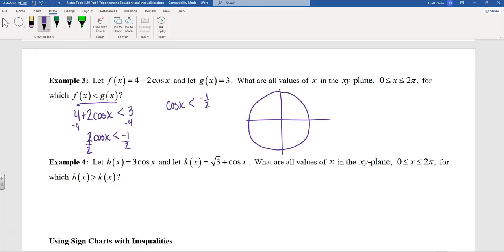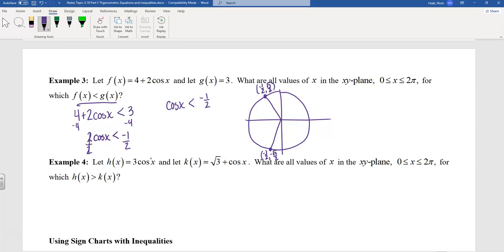And so Mr. Passwater did not give us the unit circle here, so I'm going to draw myself a little unit circle. Cosine is my x coordinate. I am thinking about where cosine is negative 1/2. That happens right here at this point, negative 1/2, square root of 3 over 2. Right there. And right here at this point, negative 1/2, negative square root of 3 over 2.